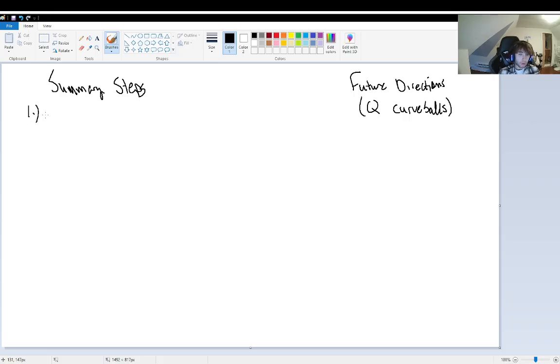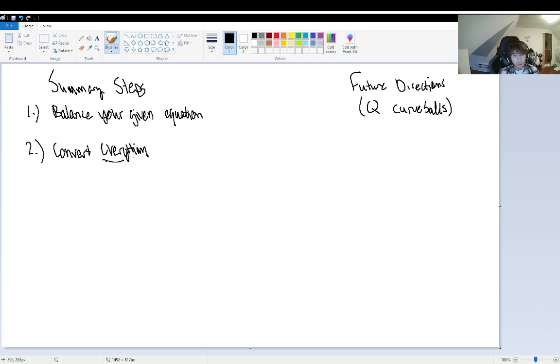So summary steps: 1, balance your given equation. The step after that is to convert everything to moles. This is very important for partial credit.